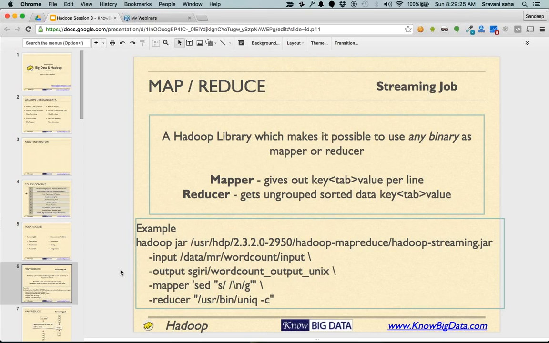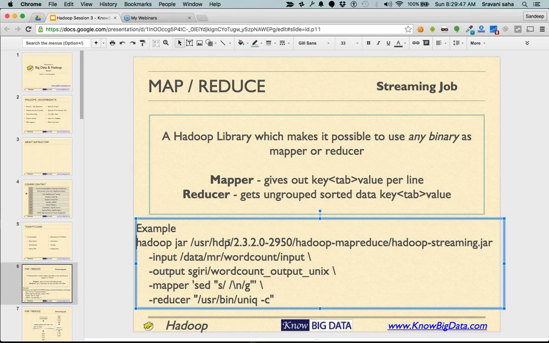It's Java code. Somebody wrote a Java library, like we will write our Java MapReduce code, which basically calls external programs rather than applying its own logic. And these external programs can be configured over the command line. Let's have a look at this.